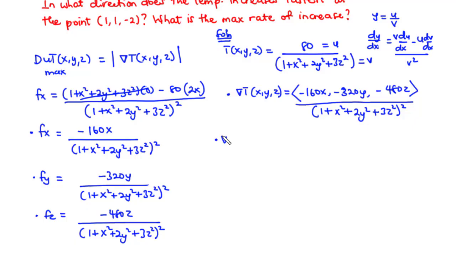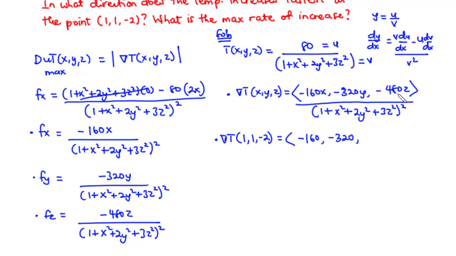The next thing is we need to find the gradient of the function at the set point, which is 1, 1, negative 2. So that is equal to, we have negative 160 times 1, that becomes negative 160. Negative 320 times 1, that is still negative 320.